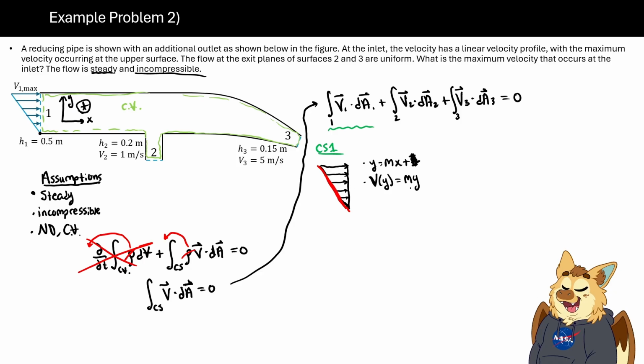So now we have to find out what m is. We know that at y equals 0, v of y is equal to 0, because at y equals 0 here, the velocity is very clearly 0 based on this profile. And at y equals h1, v of y equals v max of inlet 1.